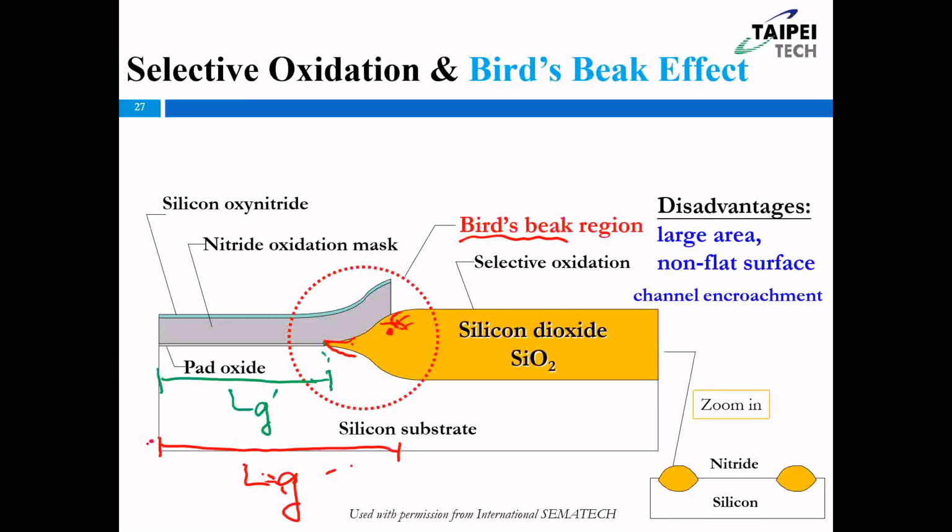So you can draw a cute picture by yourself. So we call it a bird's beak, 鸟嘴, okay? If somebody asks about the biggest disadvantage of the LOCOS, we will say the bird's beak, okay? The bird's beak means the lateral growth of the LOCOS, okay?